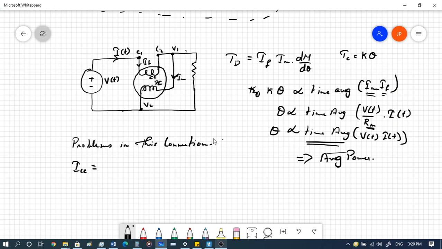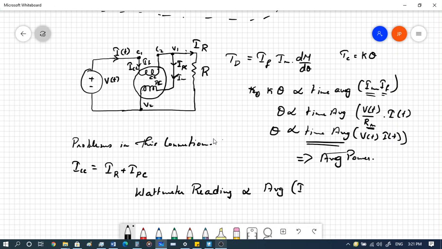So here ICC will correspond to IR plus IPC. Let's say IPC is the current through the pressure coil, right? IR is, let's say this is your resistance R, let's call this IR. This is IPC, which is the current through the pressure coil, and this we can call ICC, the current coil, right? So here we know that the wattmeter reading is actually proportional to the average of ICC into VPC, right?